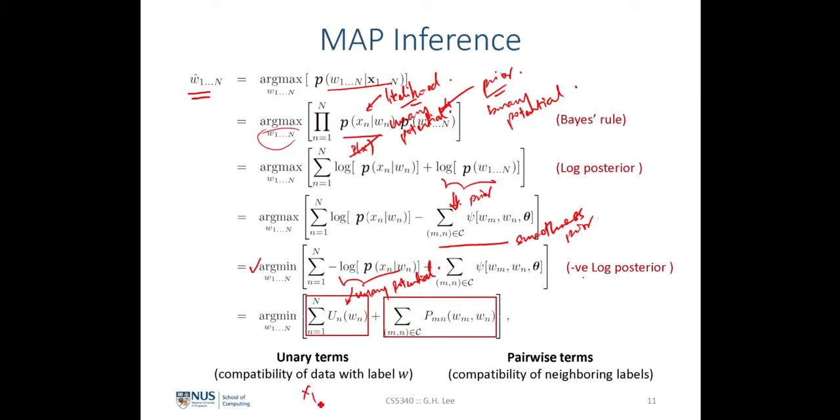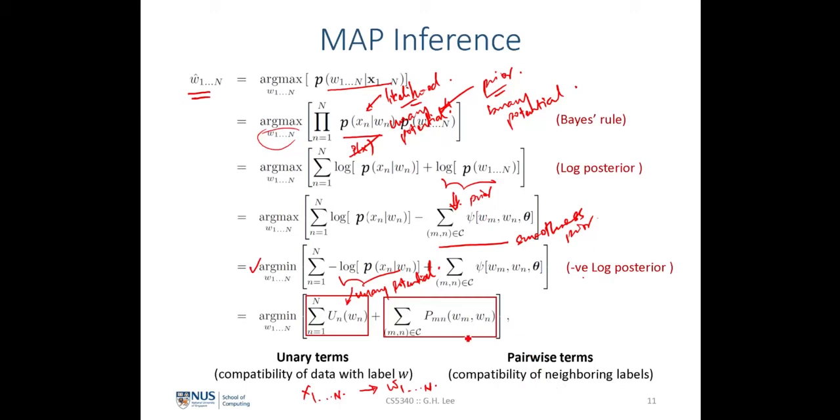This means that all my observations of x1 to xn, we want them to be as compatible to all the labels of 1 to n that we assign to the latent random variable over here, as well as it also has to fulfill the compatibility of the neighboring labels given in our prior distribution.